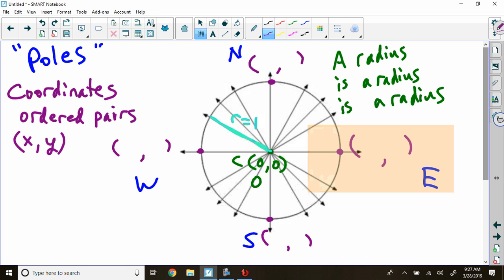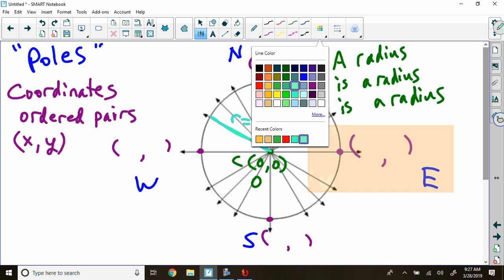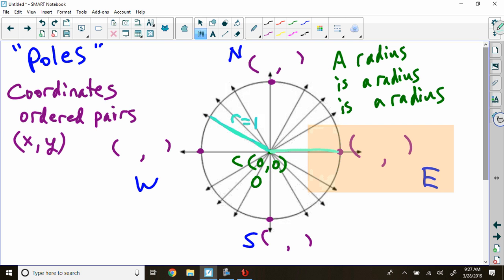A radius is a radius. If we go from here to here, we've gone 1 unit, right? The x coordinate has increased by 1 from 0.